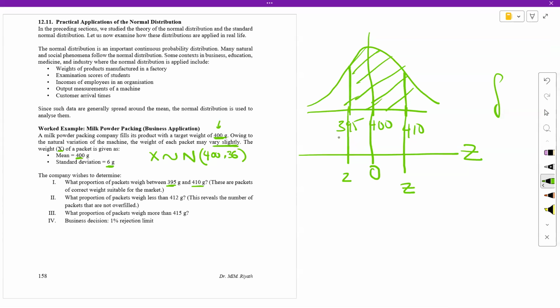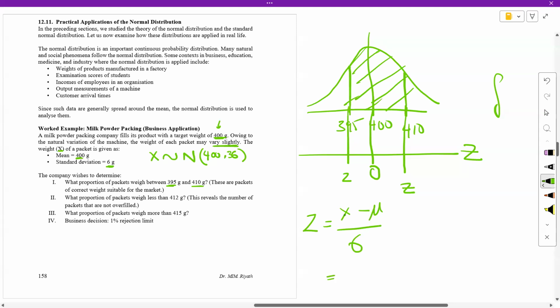First we will convert 395 into a Z value. How can we convert? Z equals x minus mu divided by standard deviation.